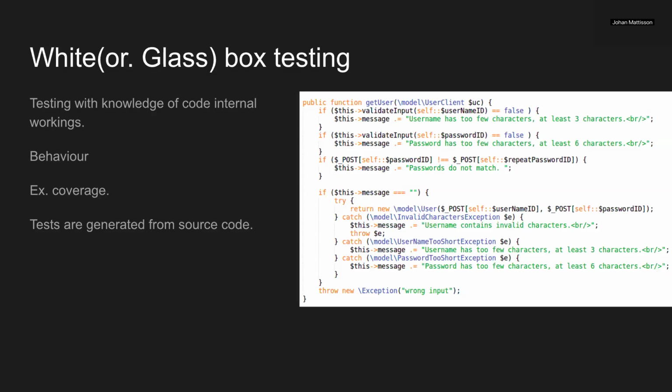White or glass box testing is where we actually know the internal workings. In these cases, we can make sure that we exercise all the if statements and all the parts. I forgot the word. Basically, you want to test as much as possible of the functions.